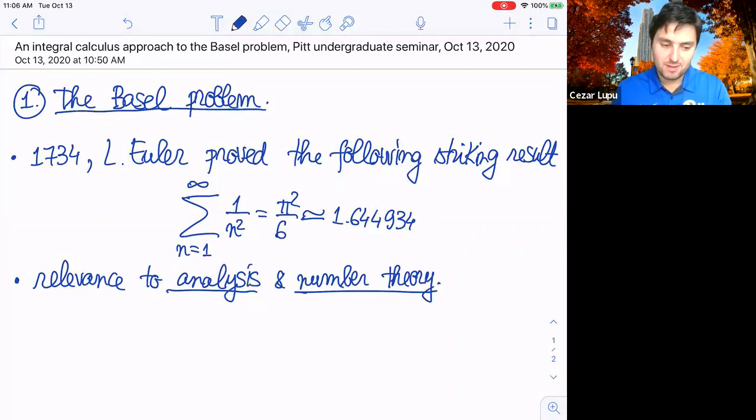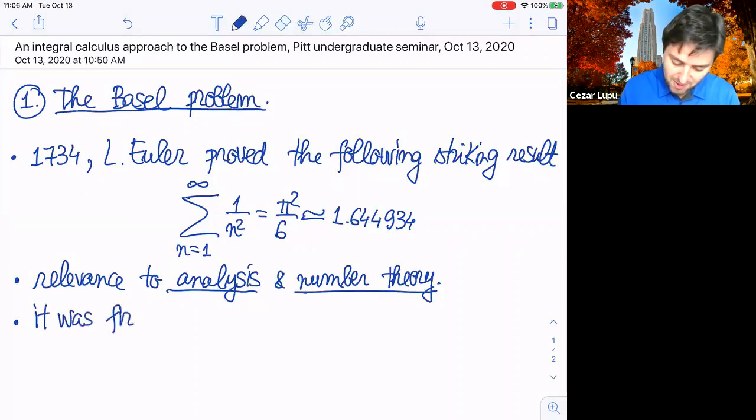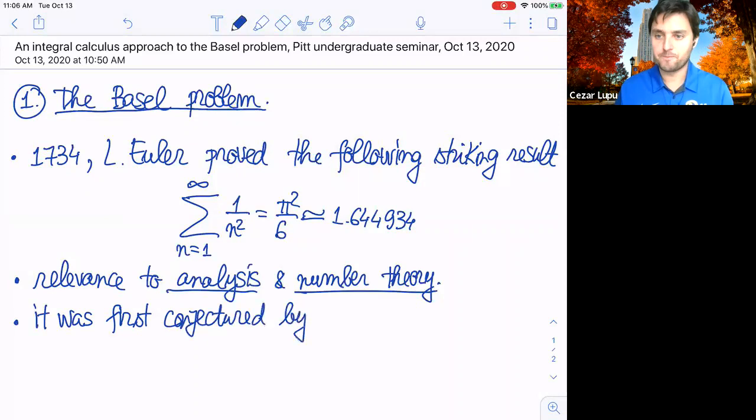But at the beginning, this was conjectured. So it was first conjectured by this mathematician, Pietro Mengoli.